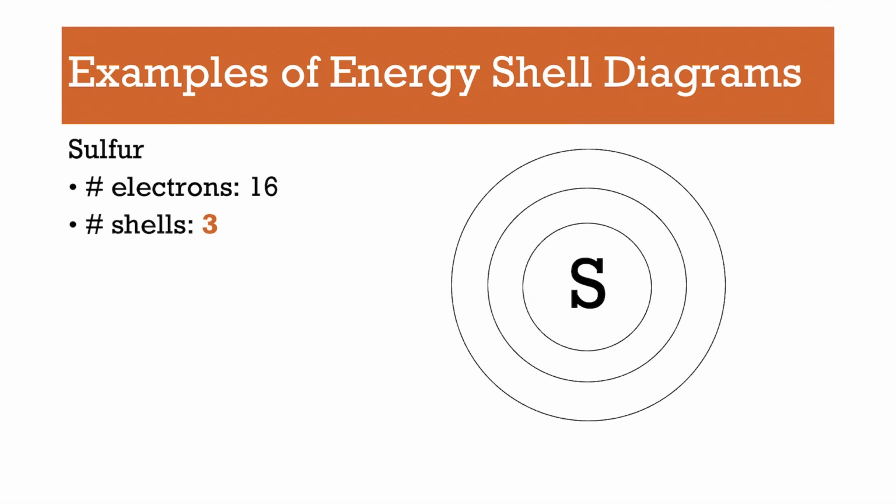Okay. Sulfur has 16 electrons. Let's try this one. Again, the first 2 electrons always go top and bottom. And then we have solo electrons by themselves, by themselves, by themselves. Now remember, the second shell can hold 8 electrons. So we have to fill this one up first before we get another one. So then you sit with the buddy, sit with the buddy, sit with the buddy, sit with the buddy.